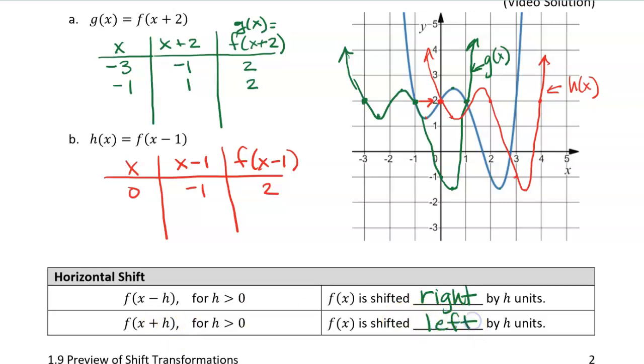A little counterintuitive, but if you subtract a constant from the input, it's going to take more input in order to get the same amount of output. That's kind of the issue here. So when you subtract h, you're going to require h more of the input in order to get the same output.